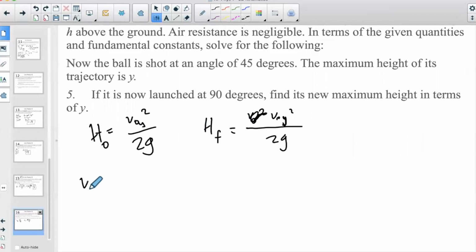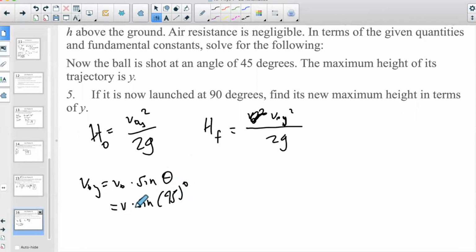Let's figure out. V naught y is equal to v naught times sine theta, right? This is from our original equation up there. So now looking at this, we know v naught is just equal to v. So in the first instance, when it's y, that would be sine 45. So we can just leave it there.